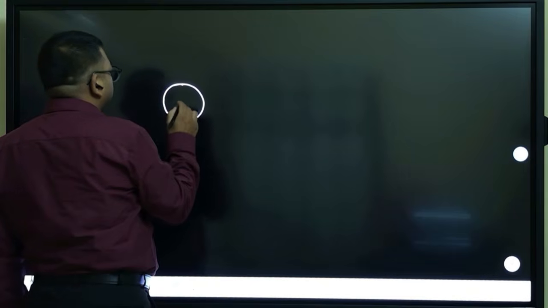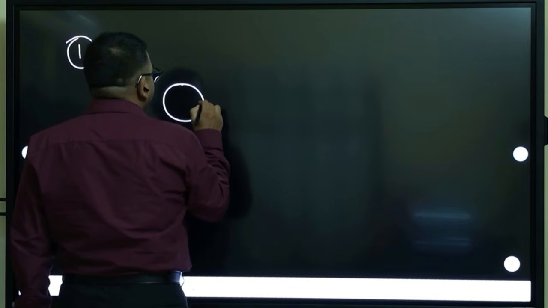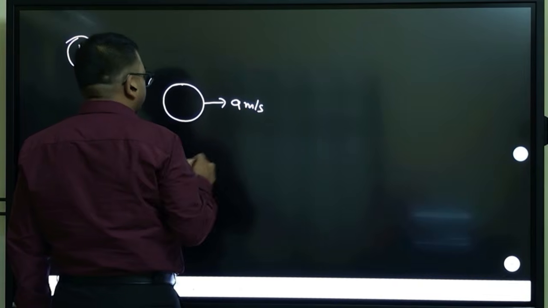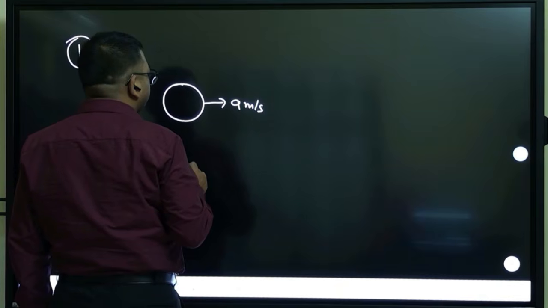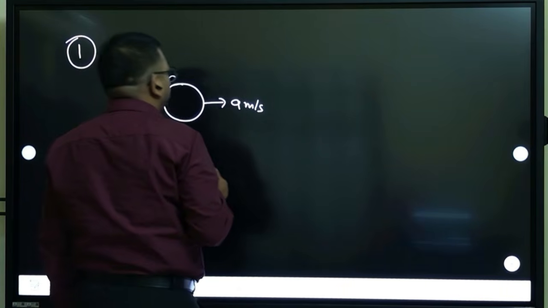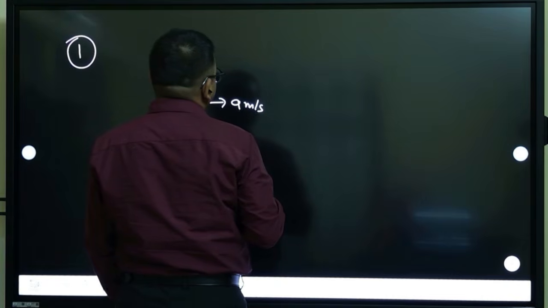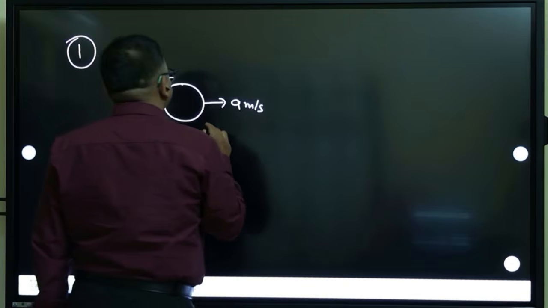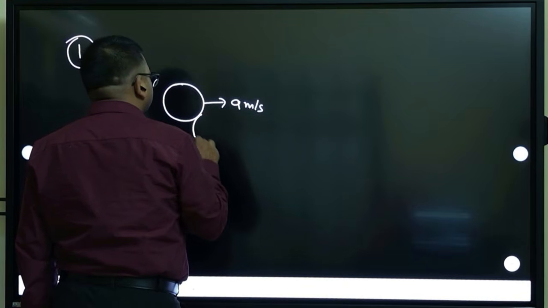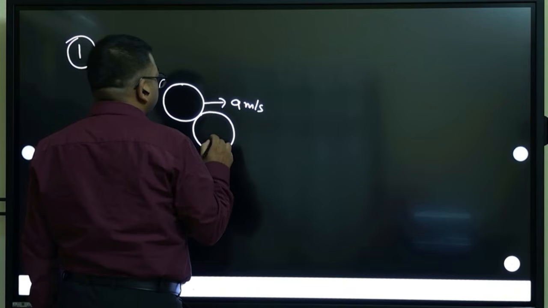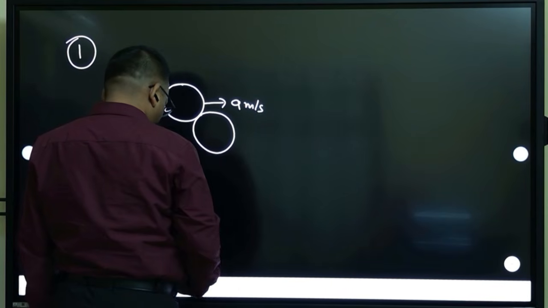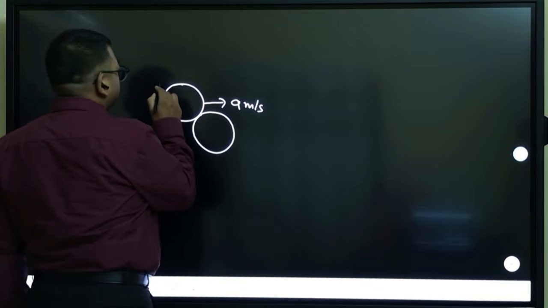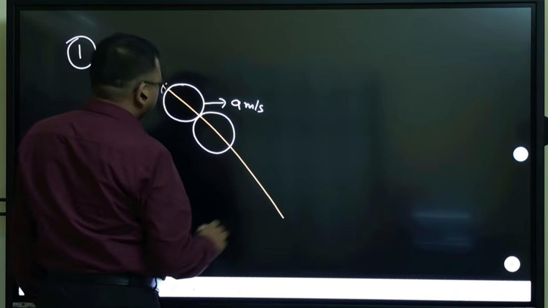One minute. This is a ball moving with 9 meters per second. So that means this ball is going and the ball is like this. Their line of impact maybe this way.